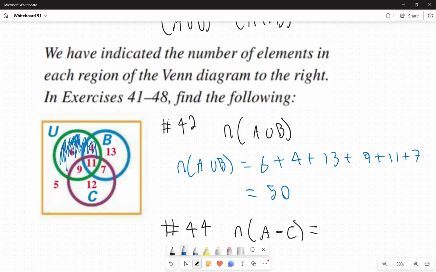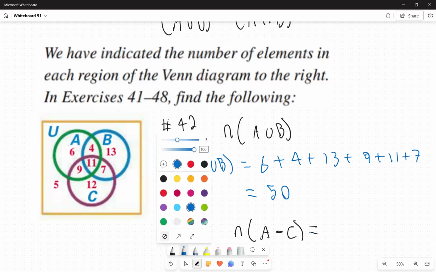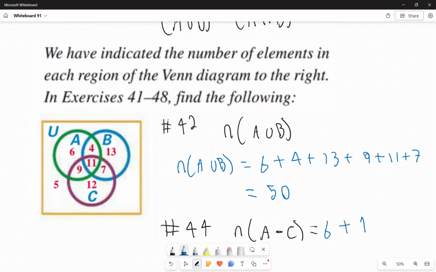So that is going to be A minus C. So we just add 6 plus 4. So A minus C has 10 elements.